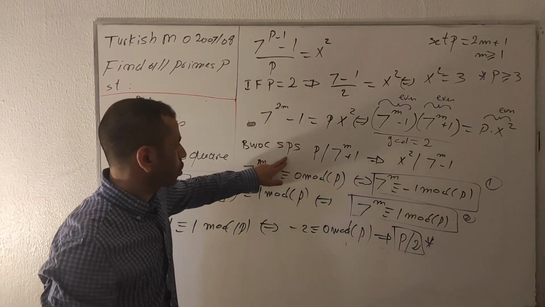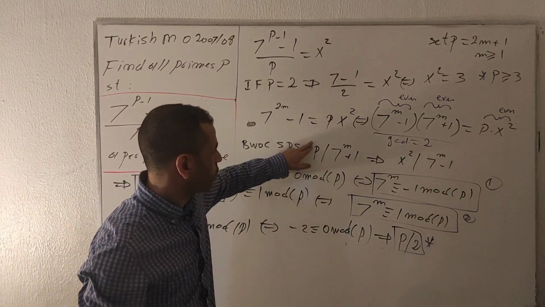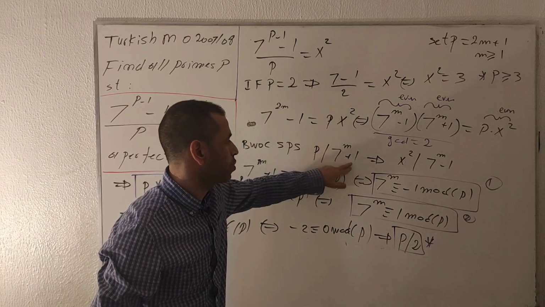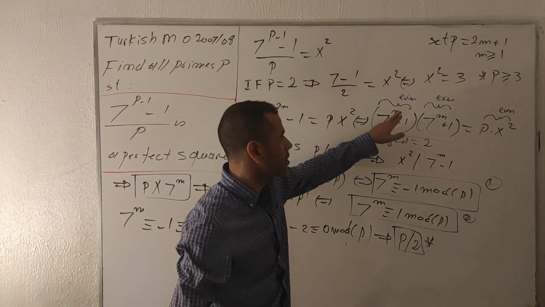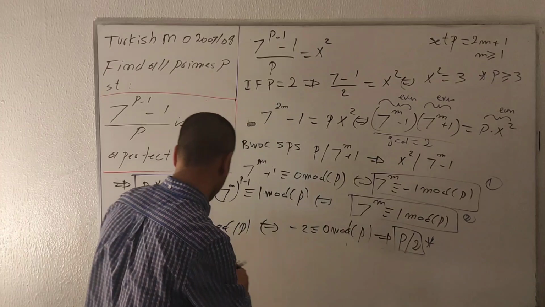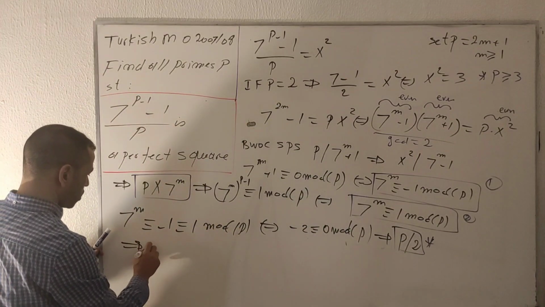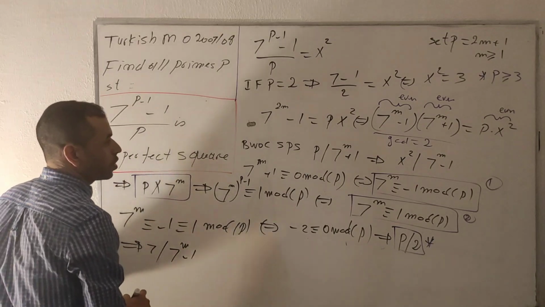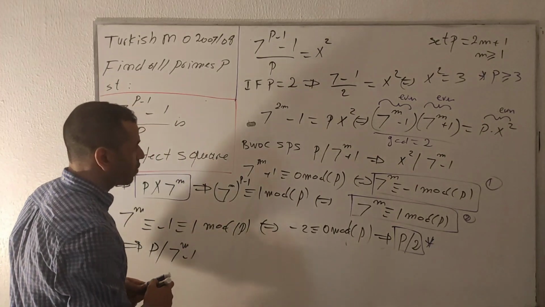So what have we contradicted? We have contradicted p does not divide 7 to the m plus number 1. Since p does not divide 7 to the m plus number 1, p must divide 7 to the m minus 1. This one is telling us p divides 7 to the m minus 1.